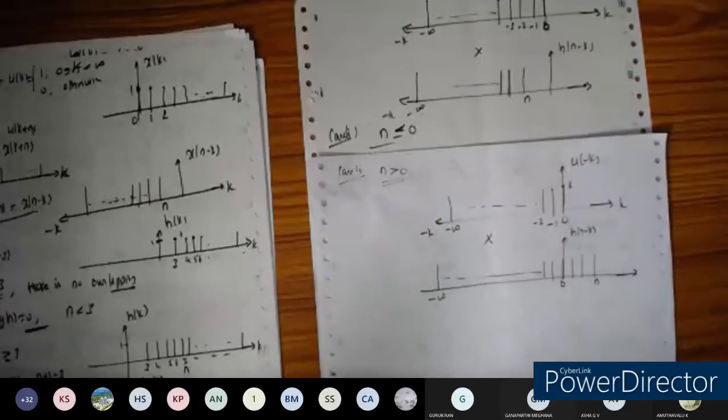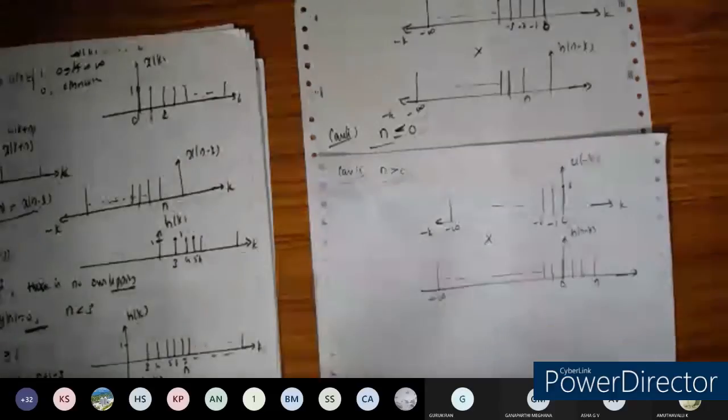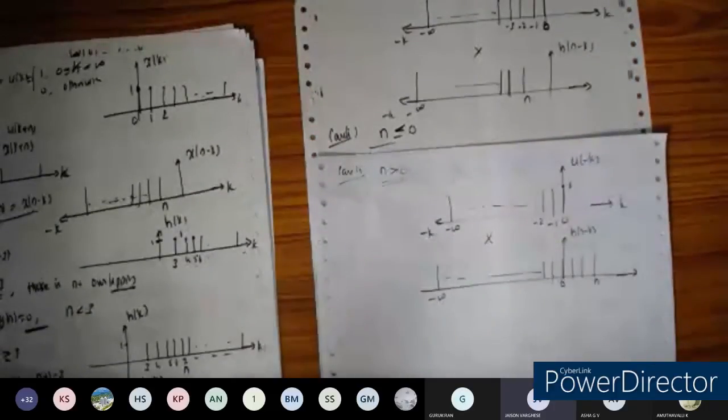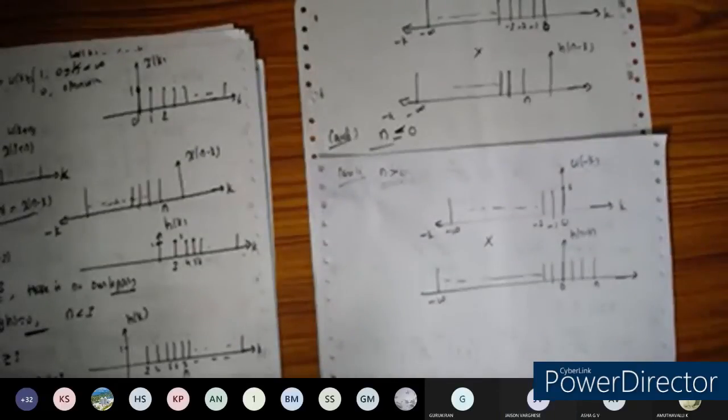Anybody can tell me what is the product you are going to get here? One, sir. One from where to where? Minus infinity to 0. Very good, excellent. So from minus infinity to 0, we'll get 1.